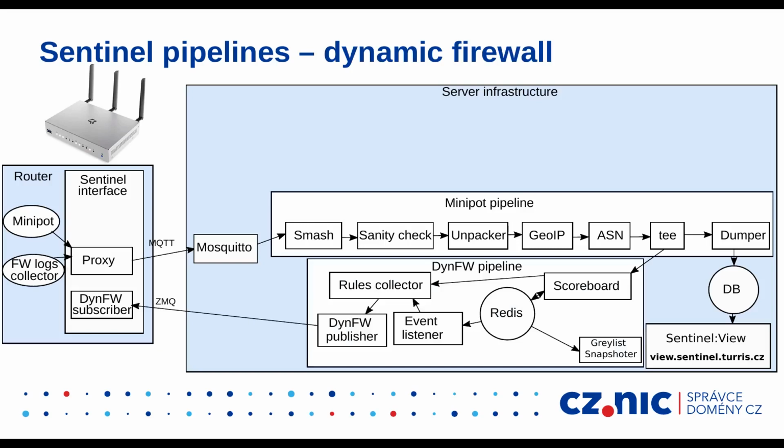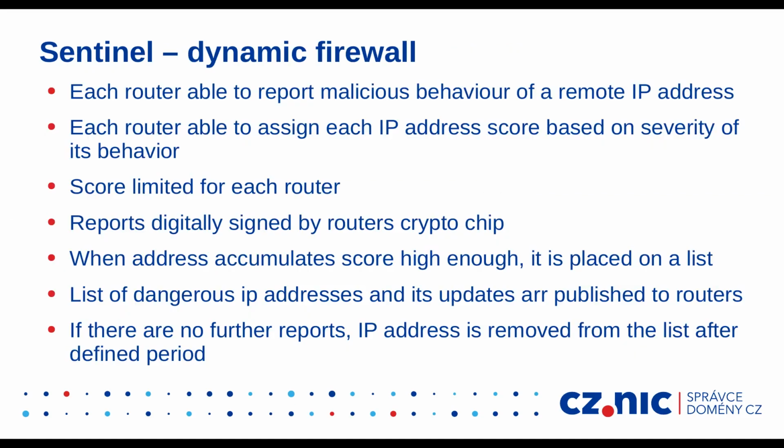Sentinel Firewall arms the Turris routers with a real-time adaptive firewall and is the most important Sentinel data analysis. The data used for its computation are collected from the same devices they protect afterwards. The theory behind the dynamic firewall is as follows. Each router is able to report malicious behavior of a remote IP address. These reports are based on Minipod or Firewall logs collector observations. Each router is able to assign each IP address a score based on the severity of its actions.